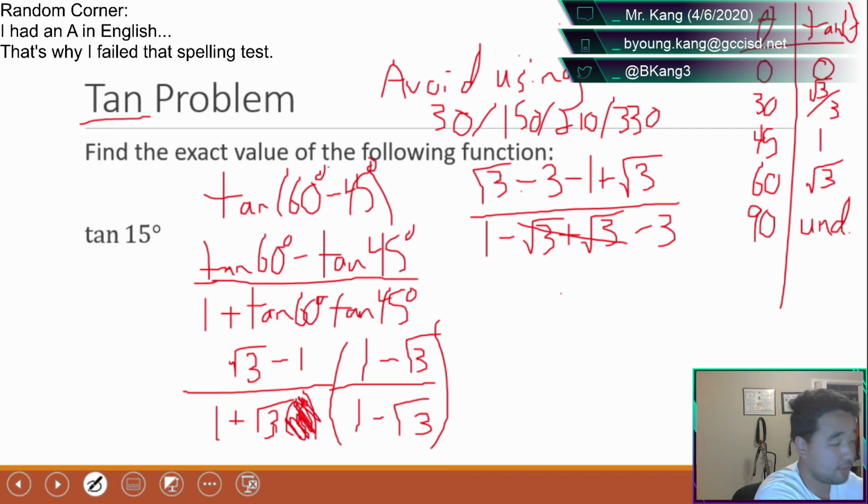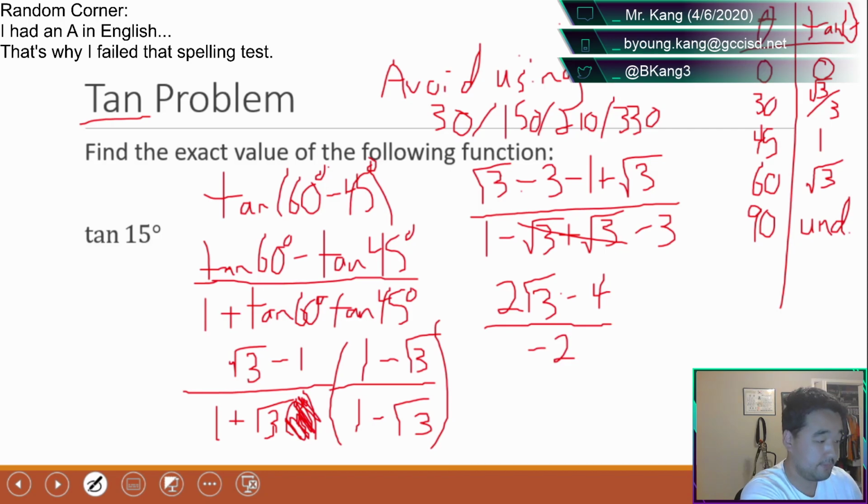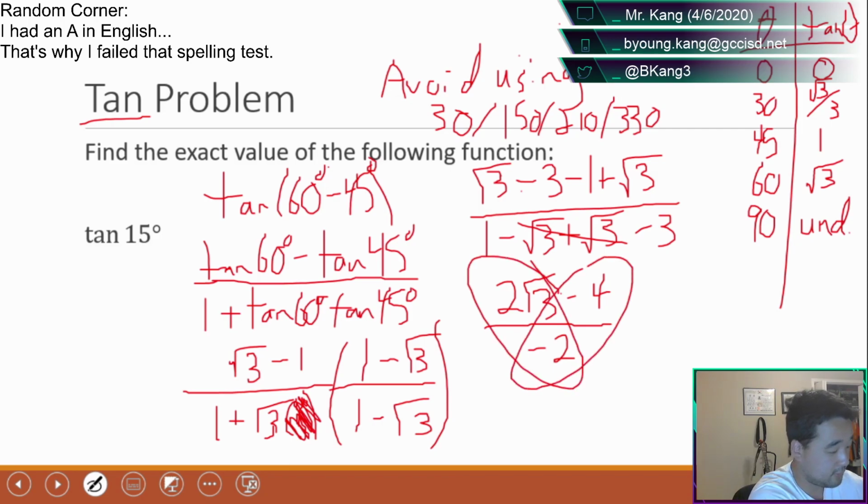So combining like terms, we have 2 square root of 3's minus 4 divided by negative 2. And then you can just distribute that negative 2 to both of these. So you end up with negative square root of 3 plus 2.